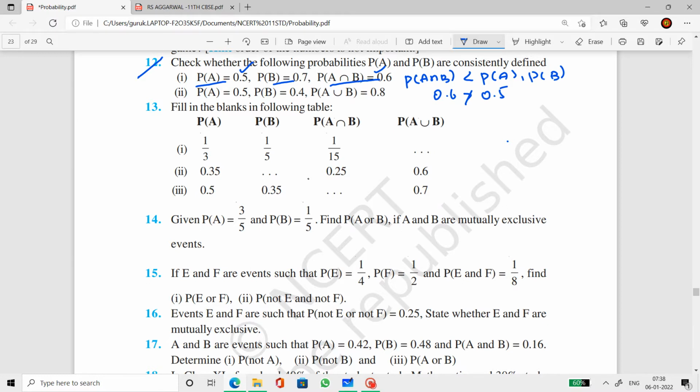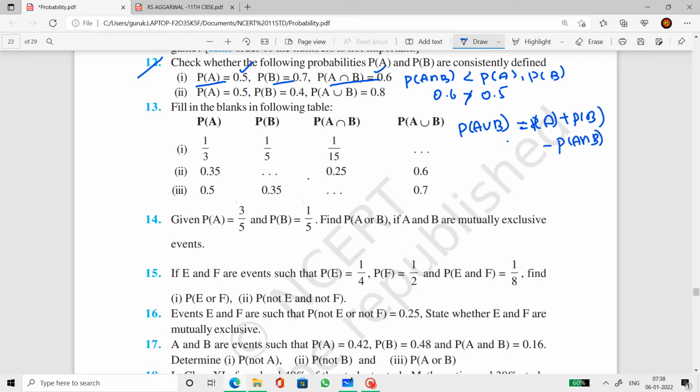For the second one, P of A is given, P of B is given, P of A union B is given. They want us to check whether that has been consistently defined. Well, when it comes to the addition theorem, P of A union B is P of A plus P of B minus P of A intersection B, isn't it?